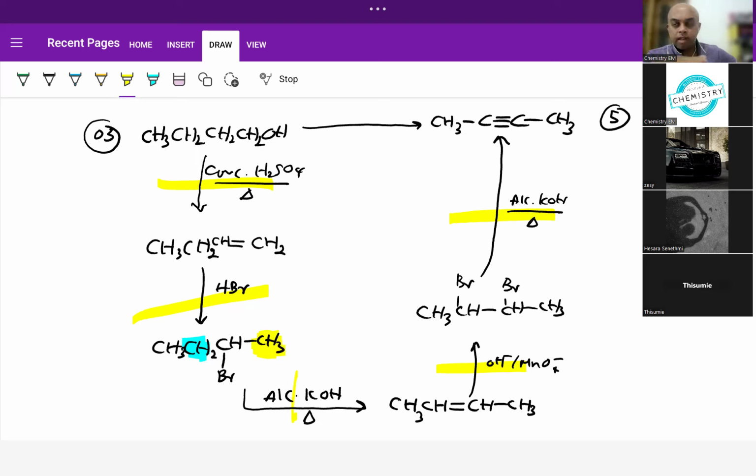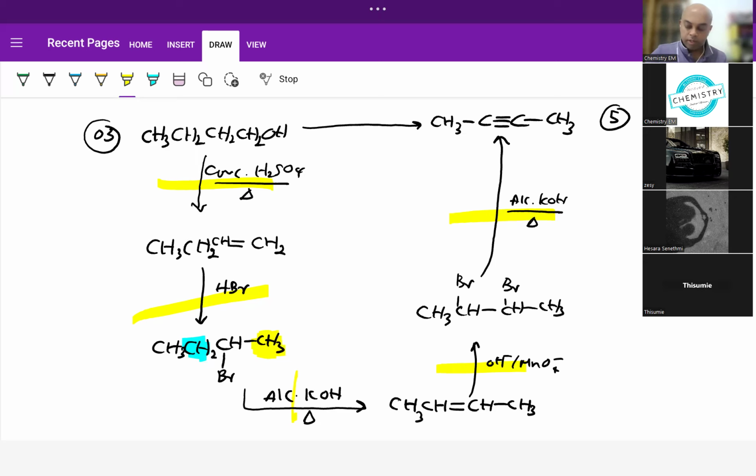A catalyst should be involved in the reaction, right? It makes an intermediate involving the catalyst as well, right? CCl4 in this reaction does not get involved, right? So therefore, it is not a catalyst actually.